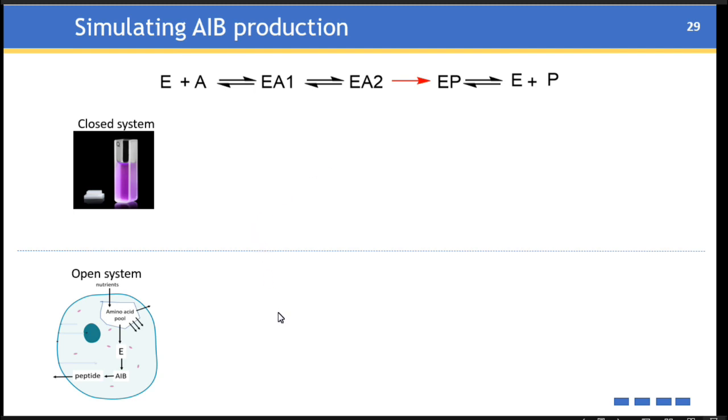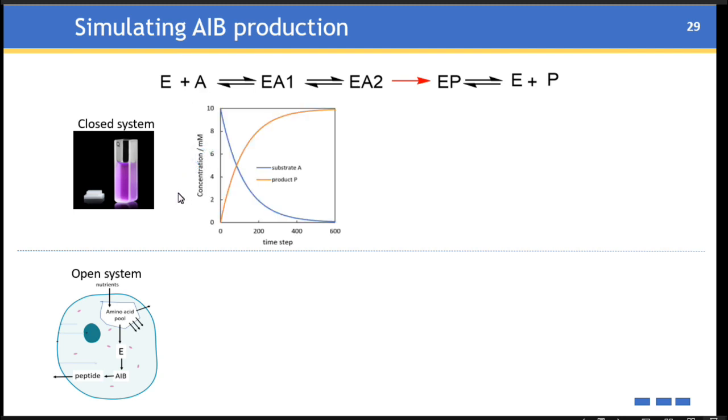You can define these reactions in two different ways. The normal laboratory enzyme assay is what I call a closed system, where there's a limited amount of the reactant, and over time, say seconds, the A is used up and goes to 0, and B forms in an equal amount by stoichiometry after 600 steps.